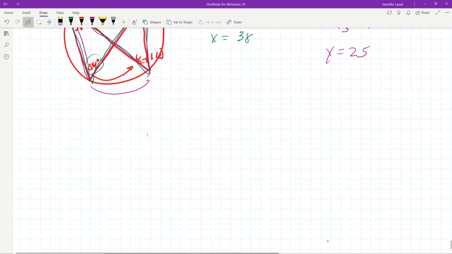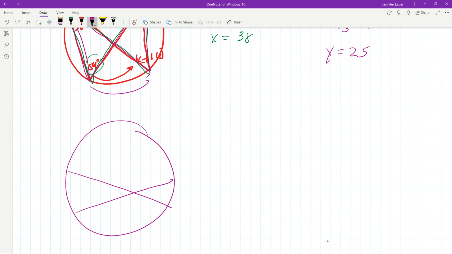And then let's say you have a problem that looks like this. So 24, this is 12. So remember, these are multiplied together. So we'd say x plus 5 times 24 is equal to x plus 15 times 12.